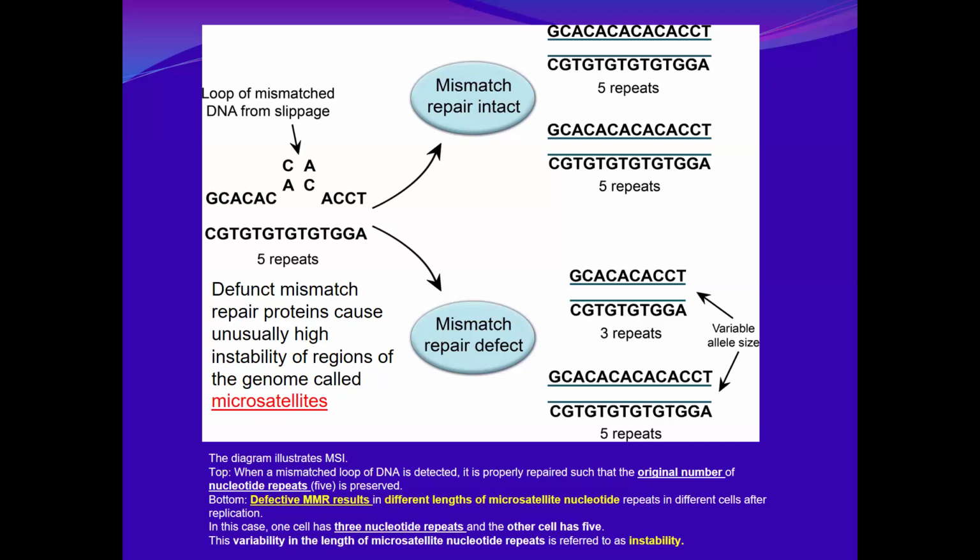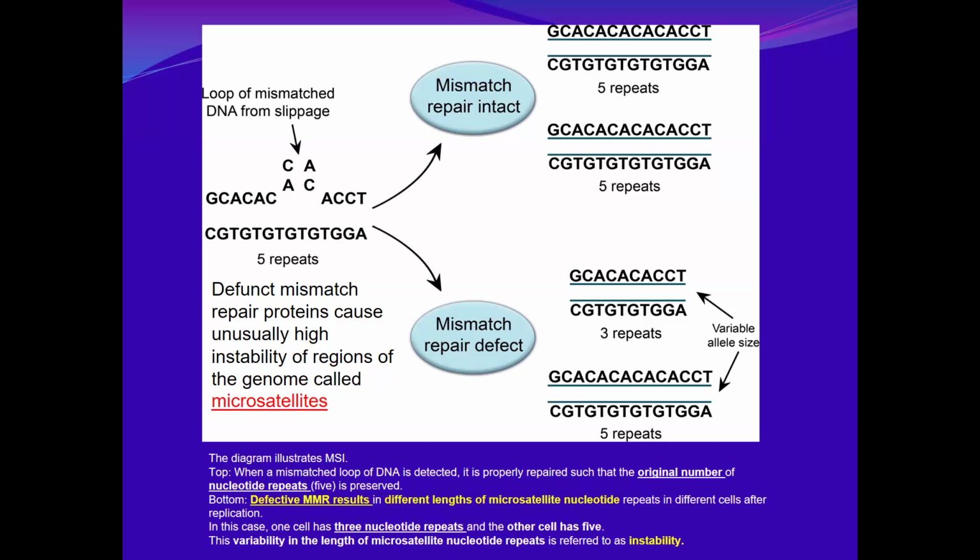And then, as we can see here, when the mismatch repair gene is intact, we can see equal replication of nucleotides. But when it is defective, it can result in defects or mistakes.